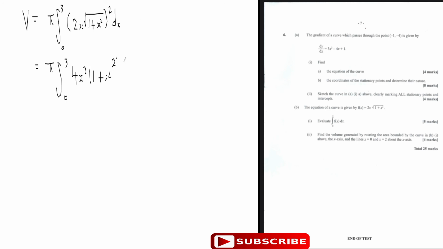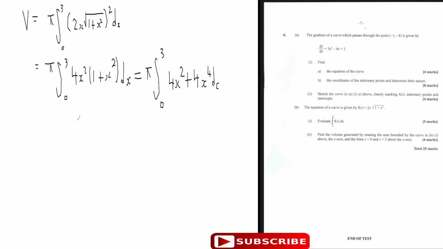Close the bracket there, and then I work this out. I get pi times the integral from 0 to 3 of 4x squared times 1, that's 4x squared, plus 4x squared times x squared, which is 4x to the 4th power, dx.